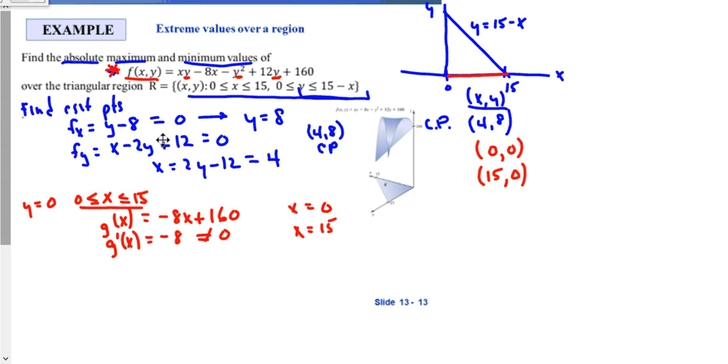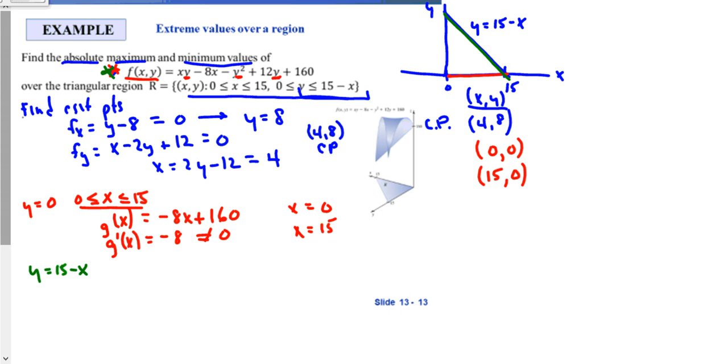Now let's look at another segment, and we'll figure out what the f of x, y values are for all those points. The next one I want to look at is the points along this border. Those points have the condition that y is 15 minus x. So again, I'm going to go back to my f of x, y up here, and change the y to 15 minus x.